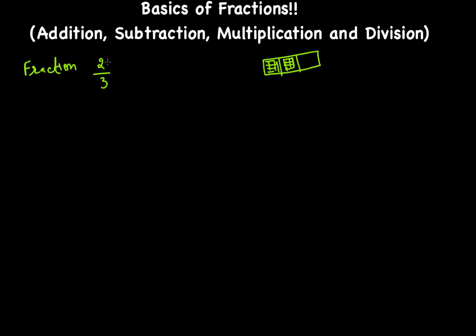In the fraction, the top part over here is called the numerator, and the bottom one is called the denominator of the fraction. Fractions can be written in different ways. Let's say I have a fraction 8 over 3.